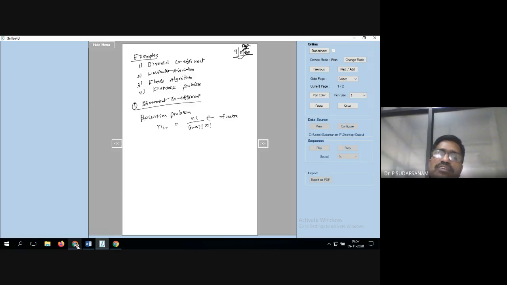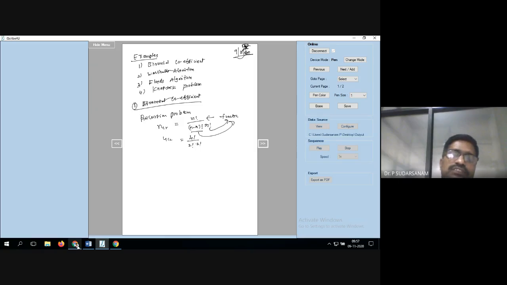Next n minus r you subtract, and call the same function, and r factorial also. So 4C2 is 4 factorial divided by 2 factorial into 2 factorial. Like this you calculate and get the answer. This is the recursion you are doing.